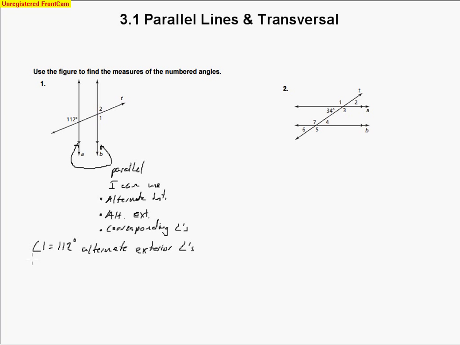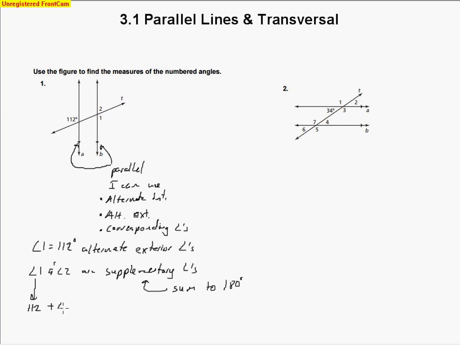Now angle 2 and angle 1 are called supplementary. Angle 1 and 2 are supplementary angles. And supplementary means that they add, so this word right here means that they sum to 180 degrees. So what I can do is I know angle 1 is 112.